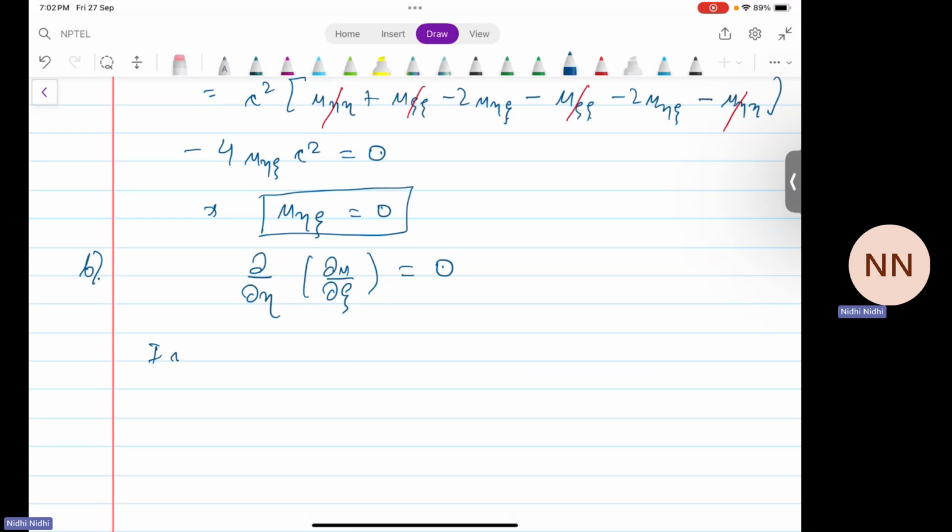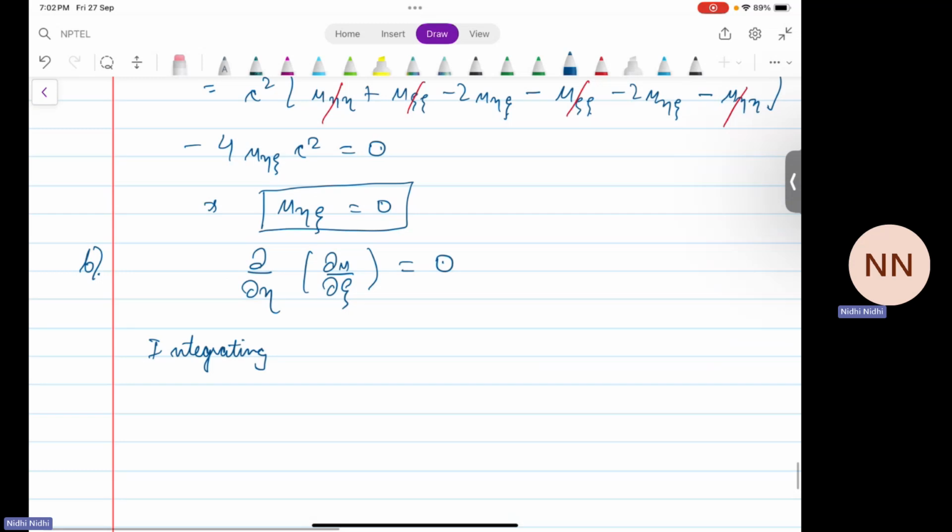Now integrating with respect to eta, we get that the derivative of del u by del zeta with respect to eta is 0. This tells us that del u by del zeta is basically independent of the variable eta.